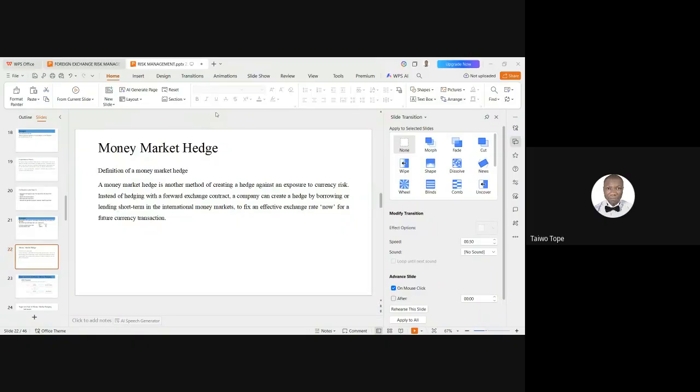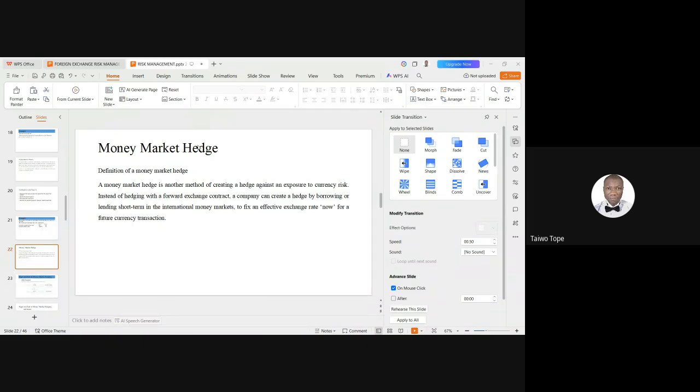I'm not going to speak too much grammar. I'm just going to show you the steps you need to solve questions on money markets. But take note, money market is a way you hedge against fluctuation. For example, you are here in Nigeria. There is a possibility of you receiving money in the next 2 months from somebody in the US.